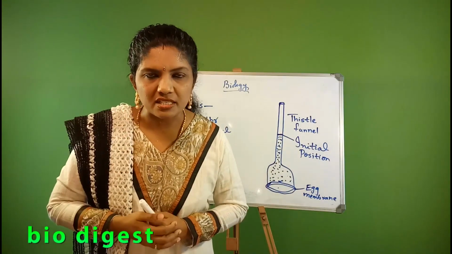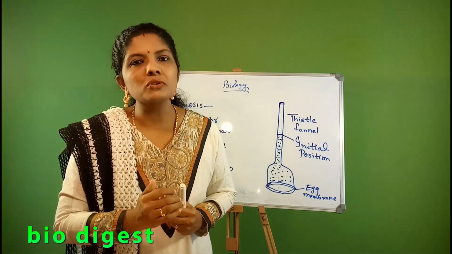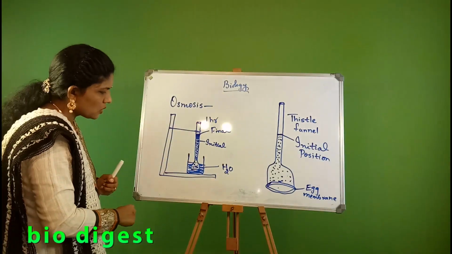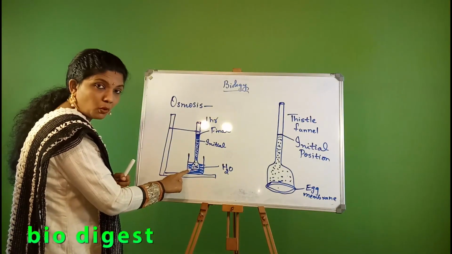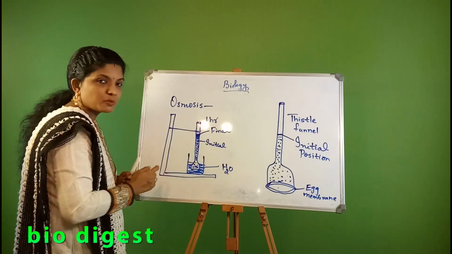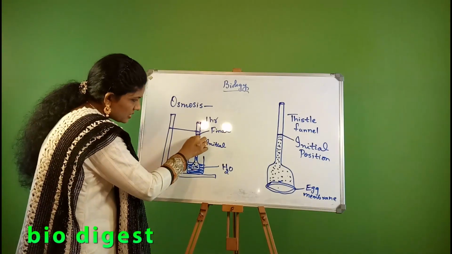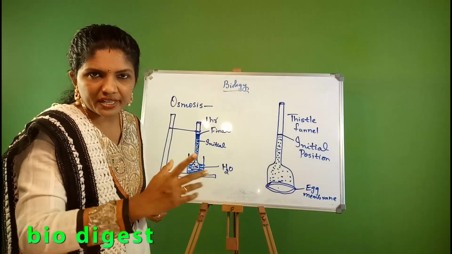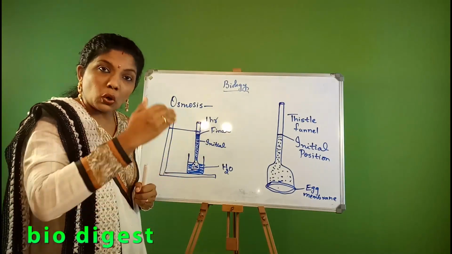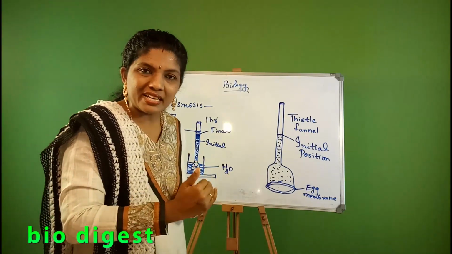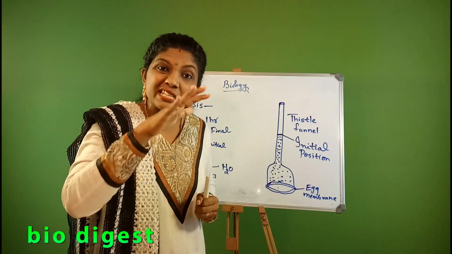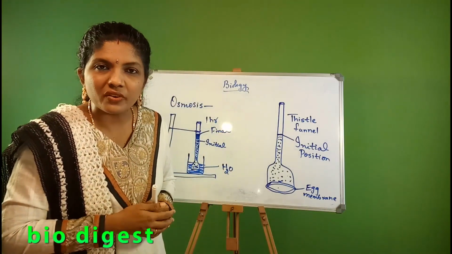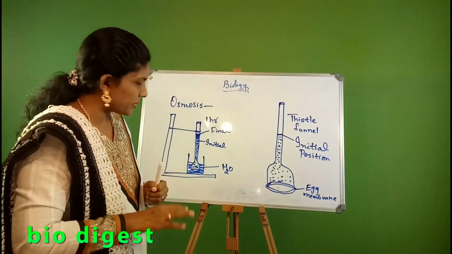What could be the reason? Of course, it is because of osmosis. Why? Because I told you there is pure water present within this beaker, and there is concentrated sugar solution present within the thistle funnel. So water always has a tendency to move from the region of its higher concentration to the region of its lower concentration through a semi-permeable membrane.